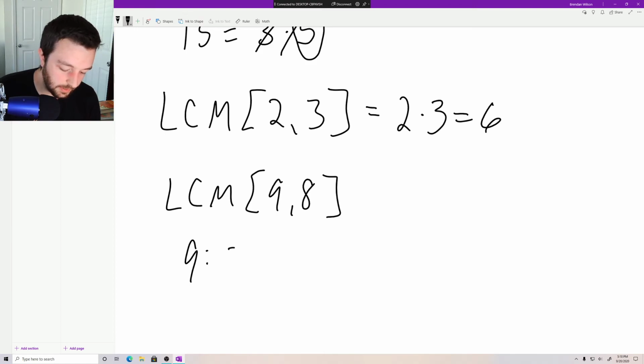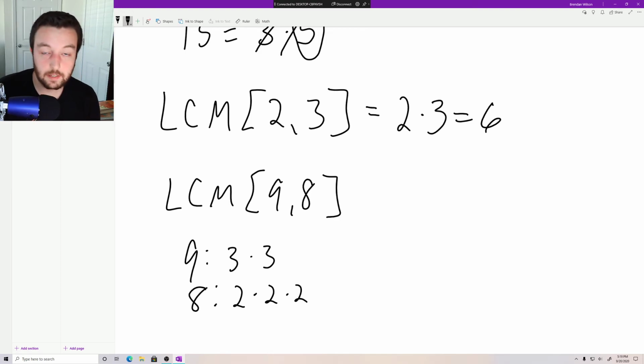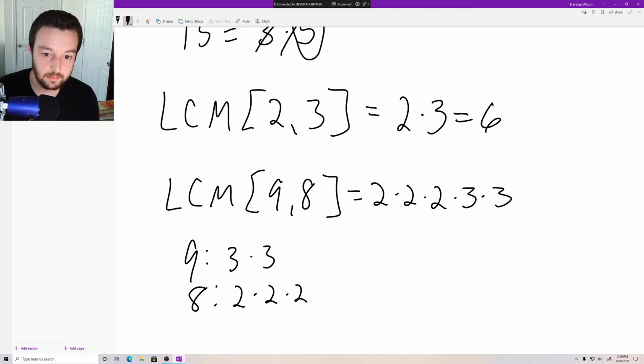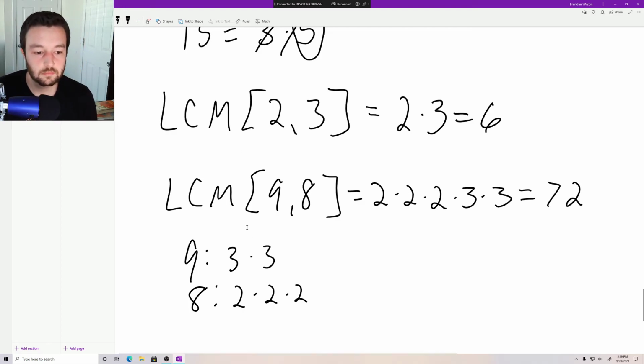Well, 9 is 3 times 3. 8 is 2 times 2 times 2. They don't have anything in common. So you just bring them all over, which is essentially just 9 times 8, right? So you get 72. So you bring over the factors, but if they have them in common, you only bring them over once.